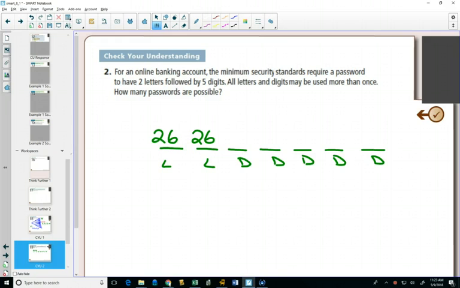And then numbers in the English language. How many numbers are there? 9 plus 0, 10. So 10, 10, 10, 10, 10. Multiply this out. Again, if someone could check my mental math.